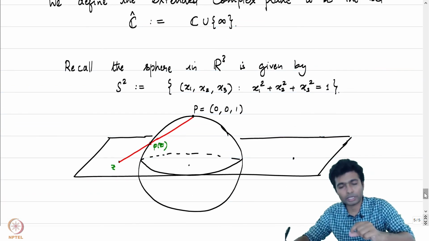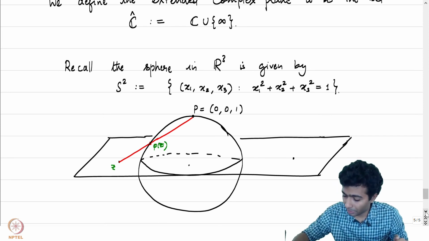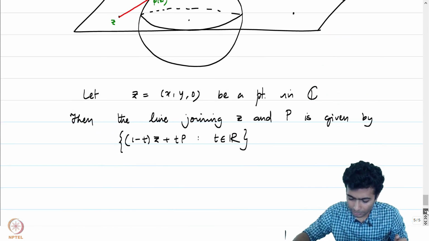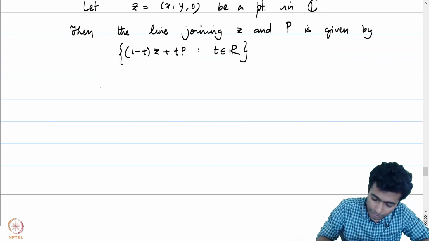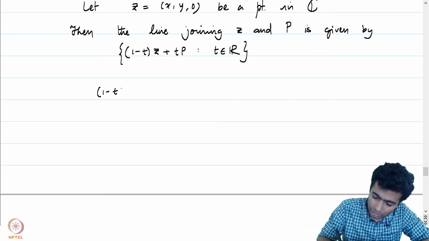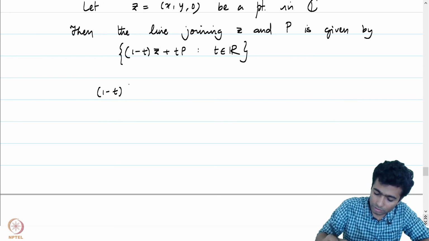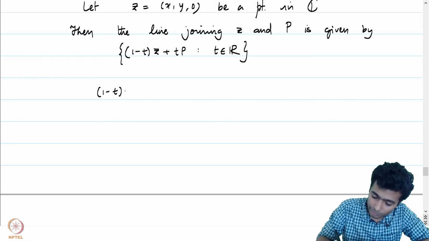The thing we are interested in is the point at which this line meets the unit sphere, and that's given by a very simple equation. In coordinates, this is going to be 1 minus t times x, 1 minus t times y, and t times 1.